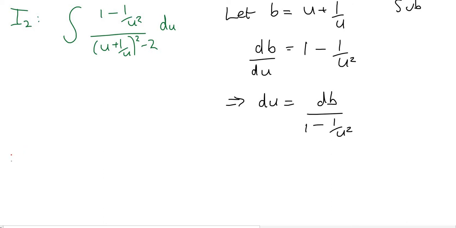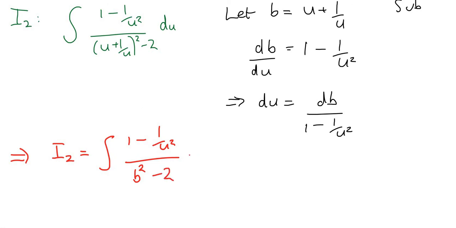Right, now we can directly transform our integral. So I2 equals, well, let's keep the top as it is, so 1 minus 1 over u squared. U plus 1 over u, well, that's just b by our substitution, so it's b squared, and we've got a minus 2. Now we've got the du term, which, as we've just shown, is db divided by 1 minus 1 over u squared.